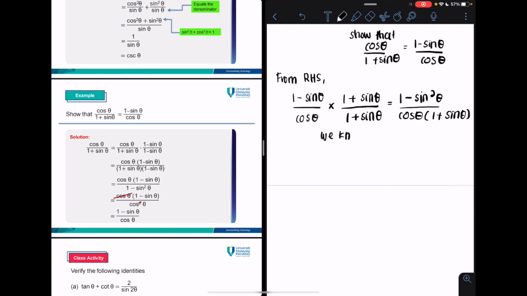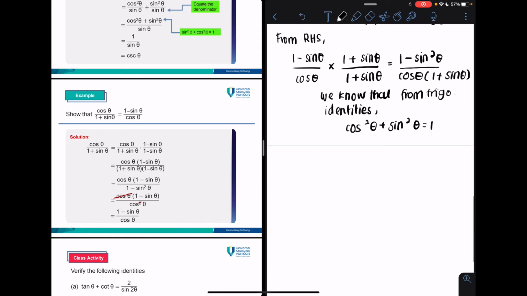We know that from trigonometric identities, cosine squared theta plus sine squared theta equals 1. Therefore, cosine squared theta is equal to 1 minus sine squared theta.